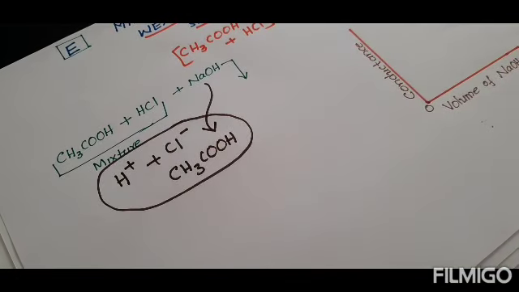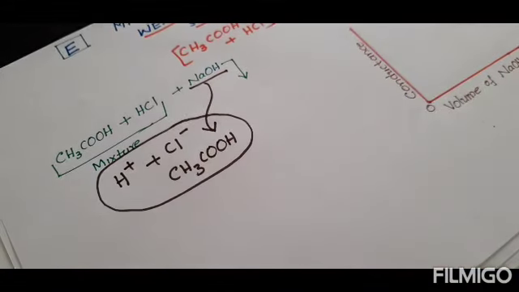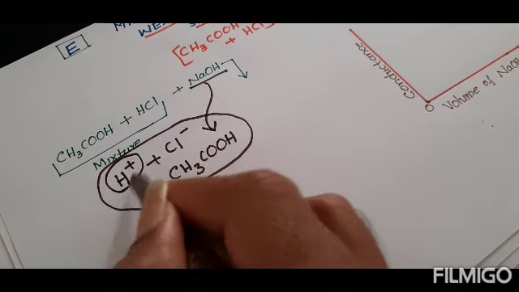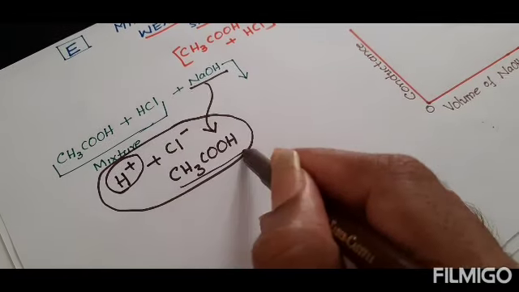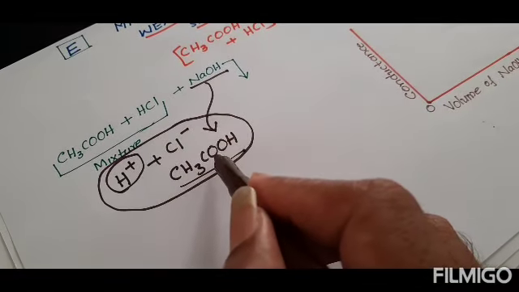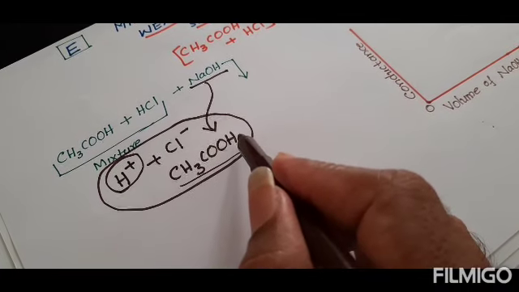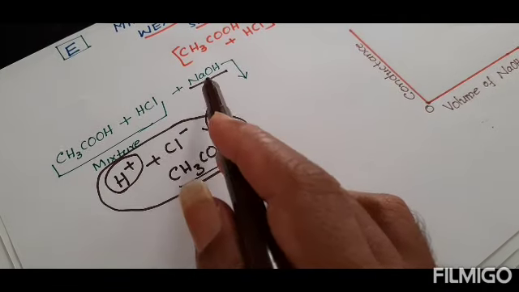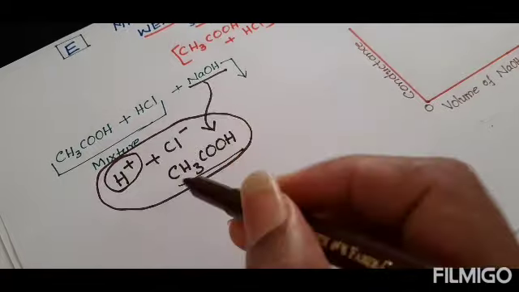What happens? NaOH is a stronger base. It readily reacts with the H plus ions. It never touches the acetic acid, because acetic acid is a weak acid, it takes some time to ionize. But here H plus is ready. So NaOH reacts with the H plus of the HCl.